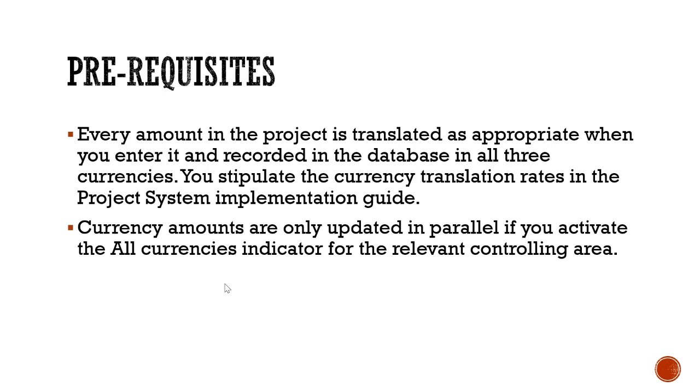So how can you modify this? If I purchase something of about 100 rupees, and I want this to be displayed in dollars, how does that translation happen? How does the system know the translation ratio between rupee and dollar? Here we need to maintain translation rates.